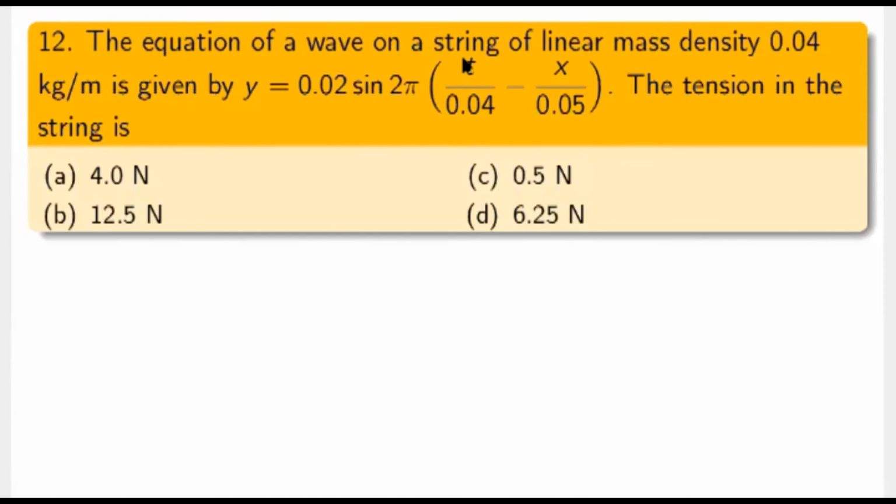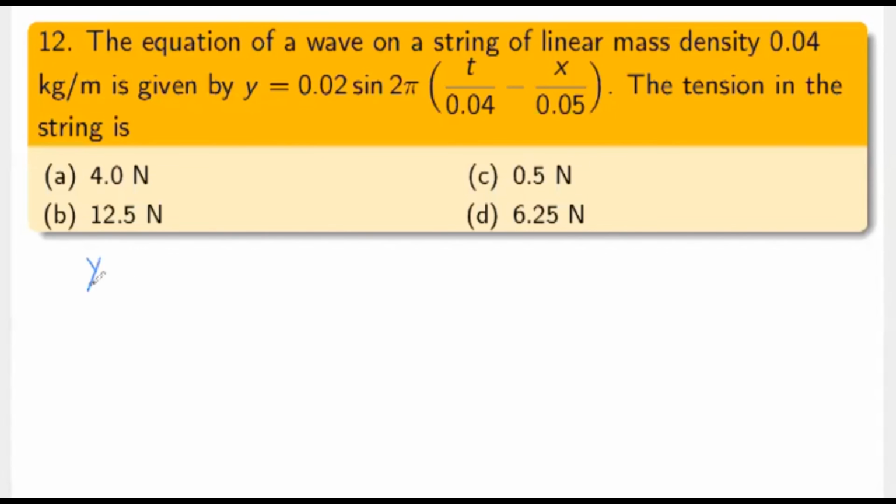Next question. The equation of a wave on a string of linear mass density 0.04 kg per meter is given by y equals 0.02 sine 2 pi into (t by 0.04 minus x by 0.05). Then what is the tension in this string?